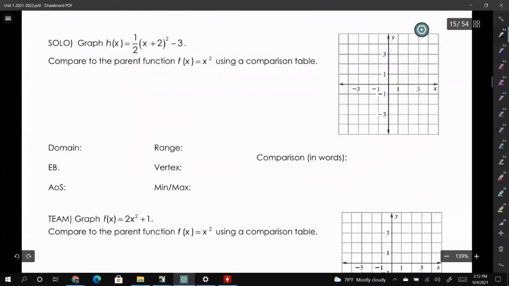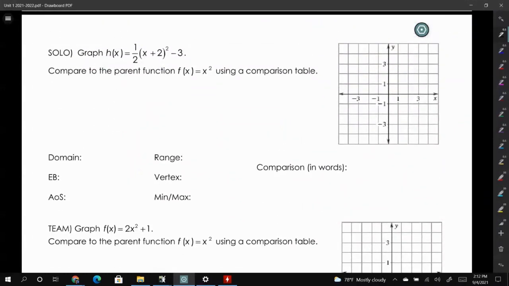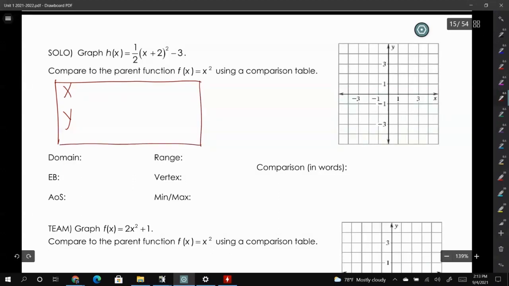On the next page, we're going to graph this one. So x, y. 1, 2, 3, 4. Our vertex in this problem is -2, -3.